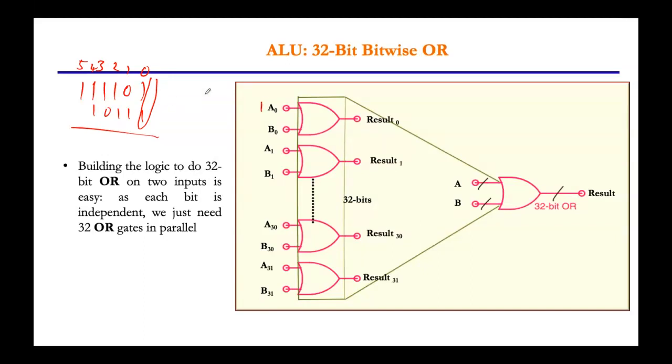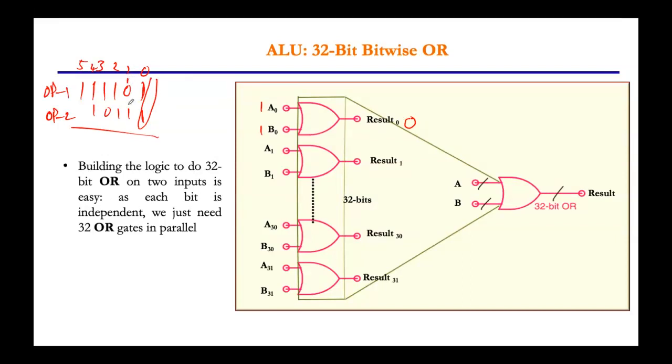Like A is 1, this is the first operand, and this is operand 2, and B is also 1. The 0th bits will be given 1 and 1, the result will be 1 0. So here carry is there, and that carry goes as input. So here we are giving the carry here, right?